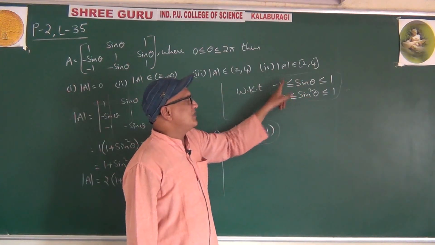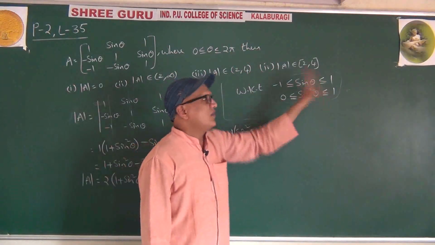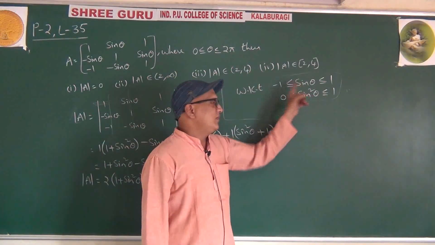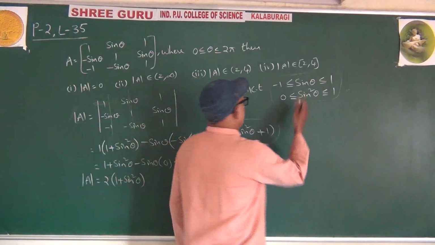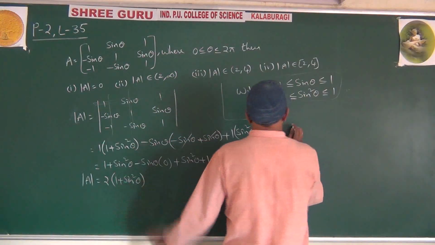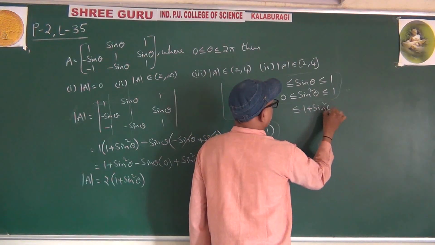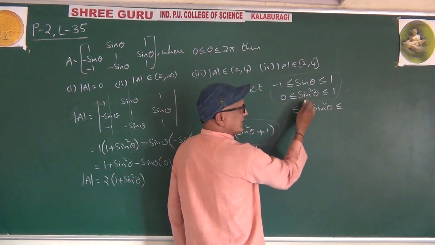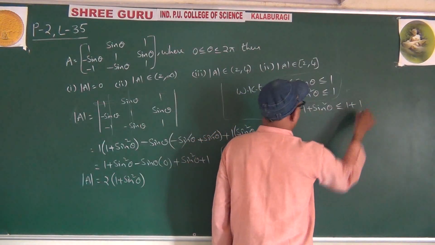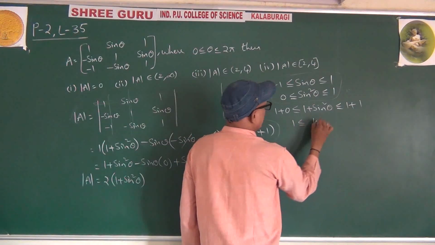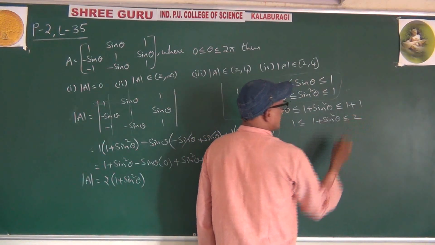Sin theta value lies between minus 1 and 1 means square of this will be between 0 to 1. Sin square theta, add 1, totally 1 plus sin square theta. If you add 1 here, you have to add 1 here also: 1 plus 0, 1 plus sin square theta is less than or equal to 2.